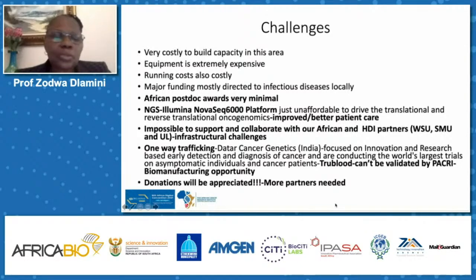We're going to trial this, but we have to send our samples to India, because at the moment we don't have those tools. If I might just say, the NGS Illumina NovaSeq is about 20 million rands. So the donation or more partners in this area will be appreciated.